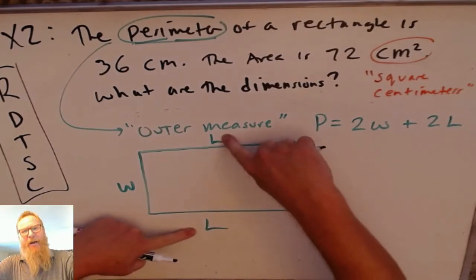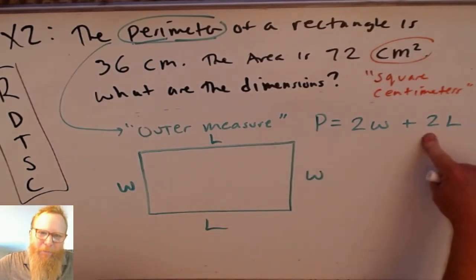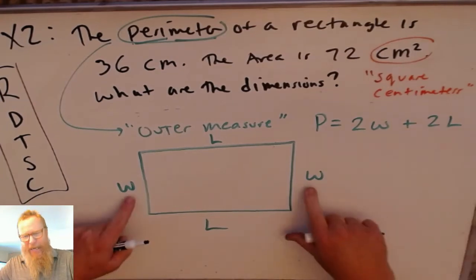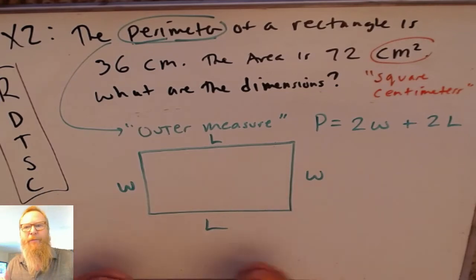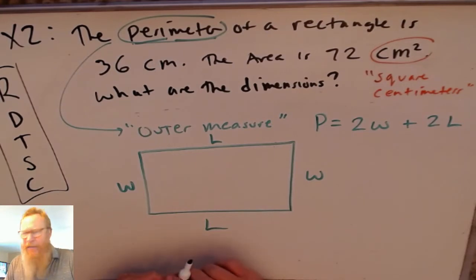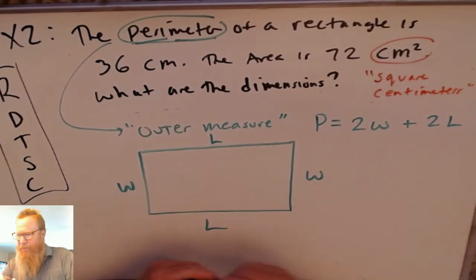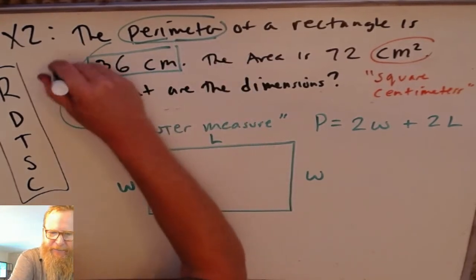You have two L's. You could also just say L plus L, which means the same thing. And you have two W's, which you could also say W plus W. Okay. And then I know that one's 36, sorry. So that's my P.